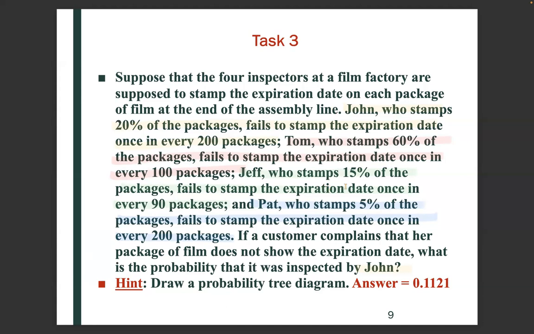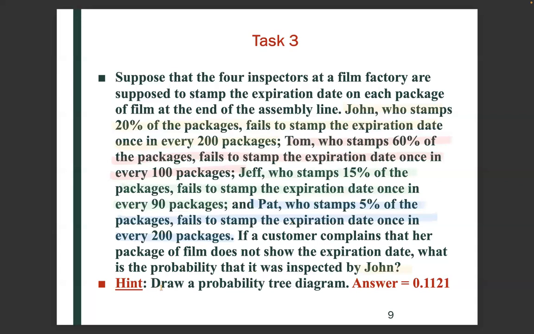Jeff, who stamps 15% of the packages, fails to stamp the expiration date once in every 90 packages. And Pat, who stamps 5% of the packages, fails to stamp the expiration date once in every 200 packages. If a customer complains that her package of film does not show the expiration date, what is the probability that it was inspected by John?